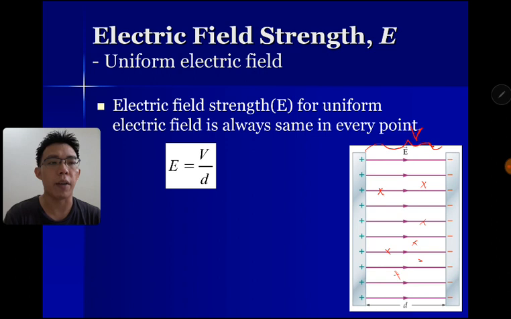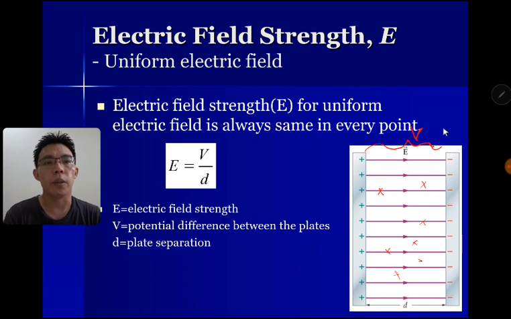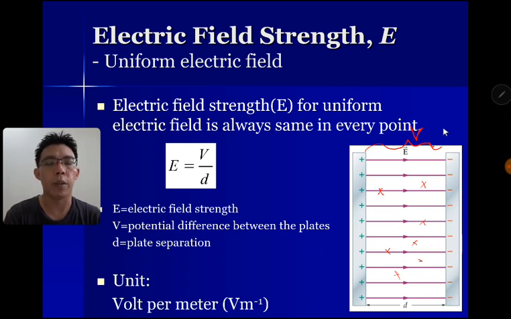If let's say it's 5 mm, then D is 5 mm, and you convert to meter. So E is field strength, V is potential difference, and D is separation. And the unit is V over M. This V over M is the same as the Newton per Coulomb just now. They are just equal.